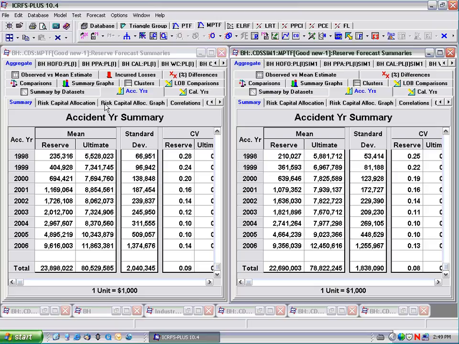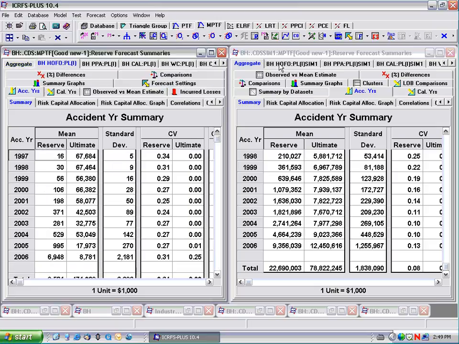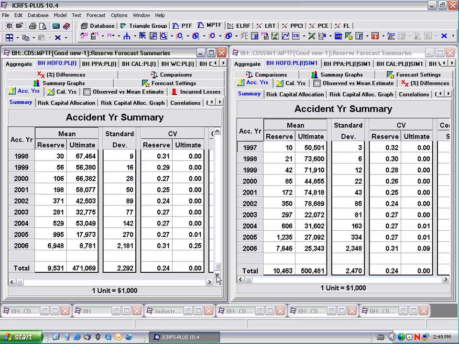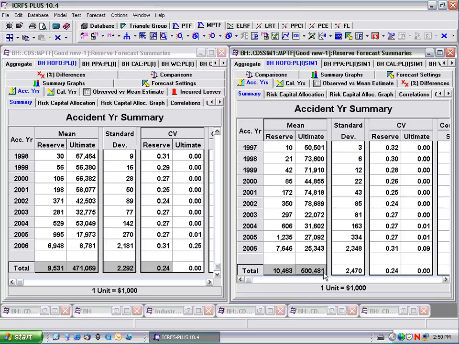Let's go to other lines of business. HLFO, 9, 10. Of course, where the coefficient of variations are pretty large, there might be some large differences. The coefficient of variation each side is 24%, 24%. The numbers are pretty close to each other. If you look at this row and you look at this row.